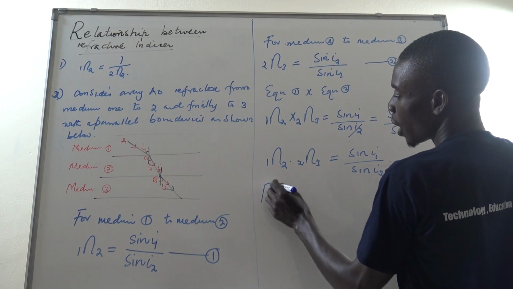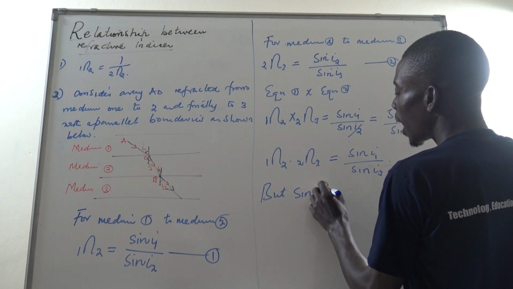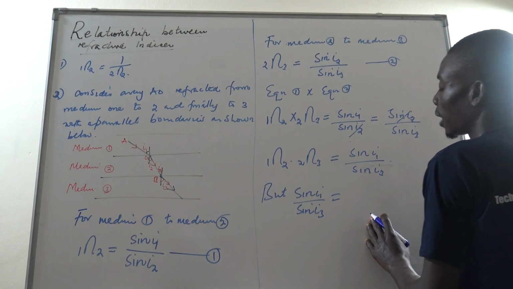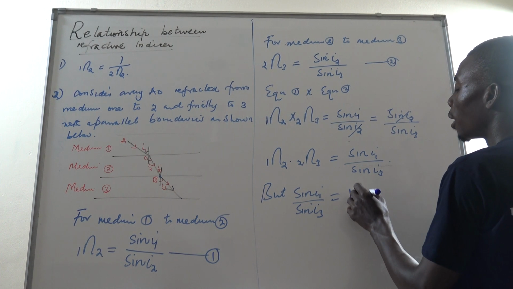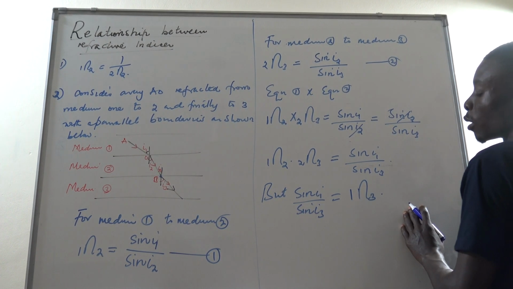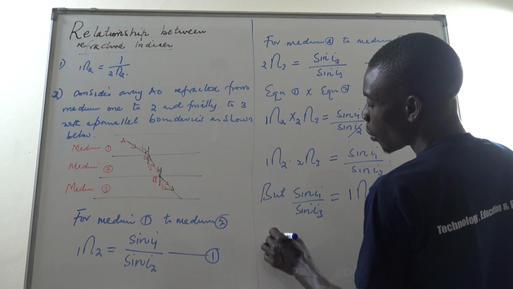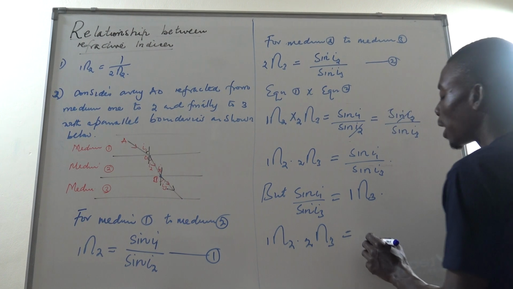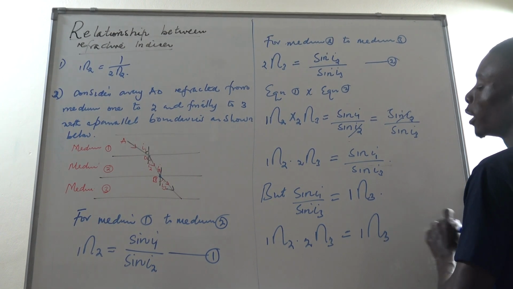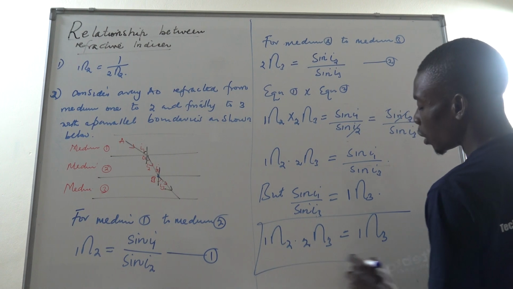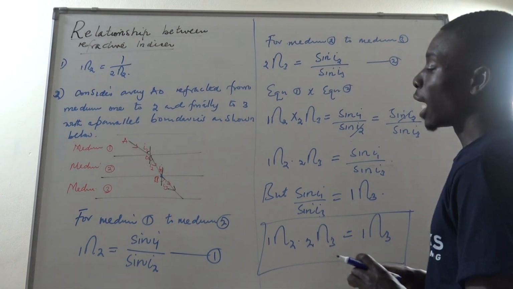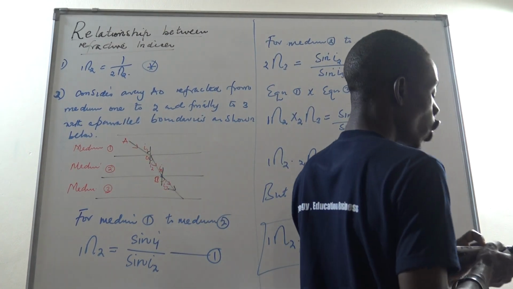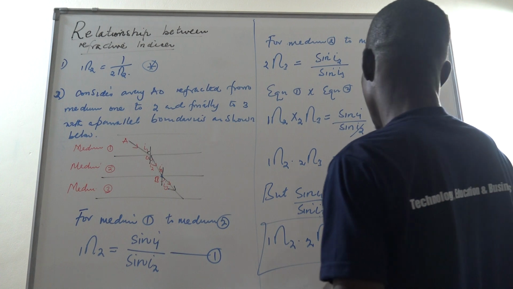But we are aware that sine I1 to sine I3 is telling us that we are looking at the refractive index of 1 with respect to 3. So therefore we can conclude that from 1 to 2 and then from 2 to 3 is the same as from 1 directly to 3. This is also another relationship that can help us, in addition to what we actually looked at before.